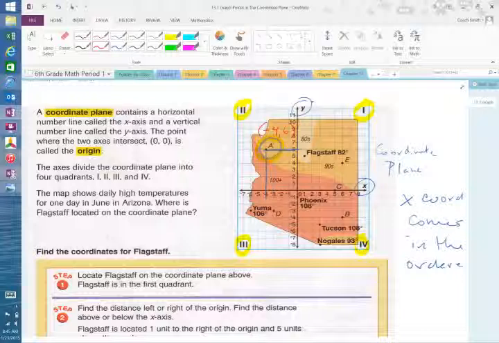They must be in order. If you put 6 and -4, it's wrong. The reason it is wrong is because with 6, -4, 6 is right here on the x-axis, and -4 would be right there where B is. So 6, -4 is not the same thing as -4, 6.